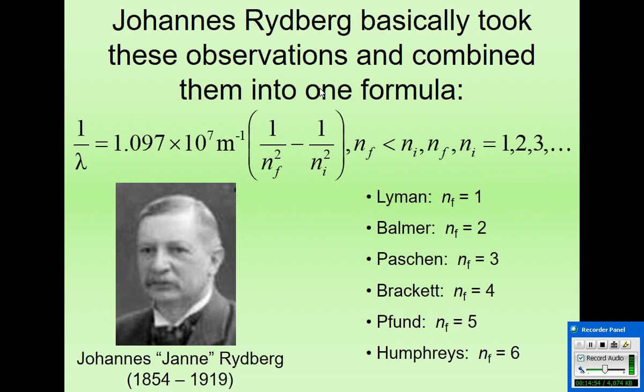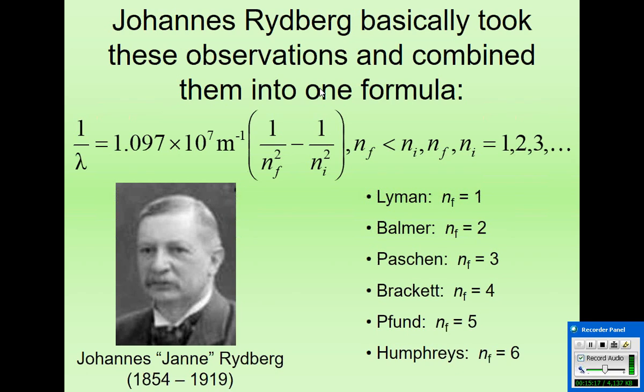And n, whether it's n final or n initial, is simply a positive integer where n final is less than n initial. When n final is equal to 1, you reconstruct the wavelengths discovered by Lyman. When n final equals 2, you reconstruct the wavelengths of visible light.